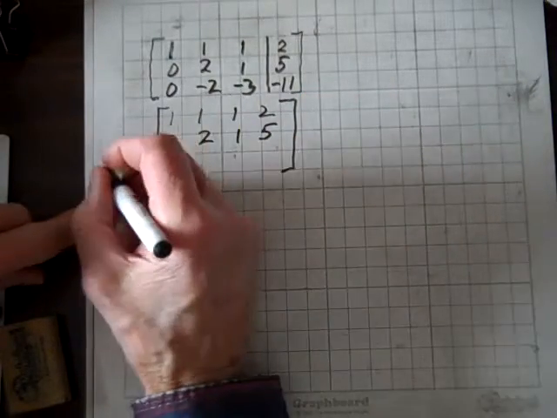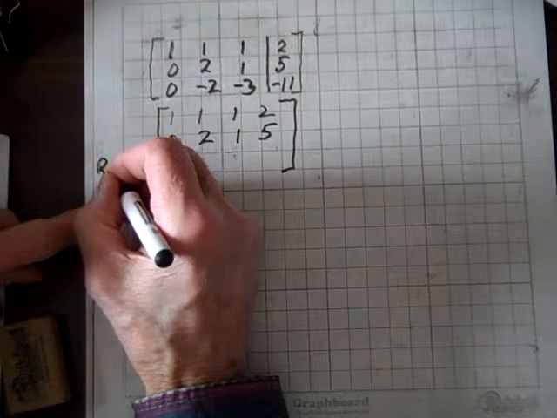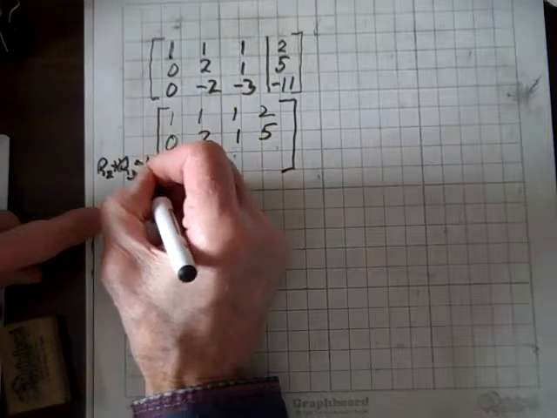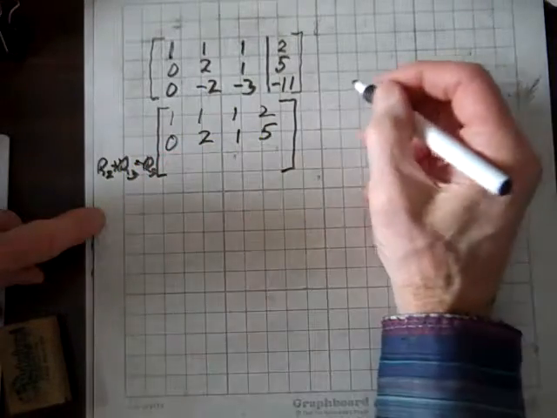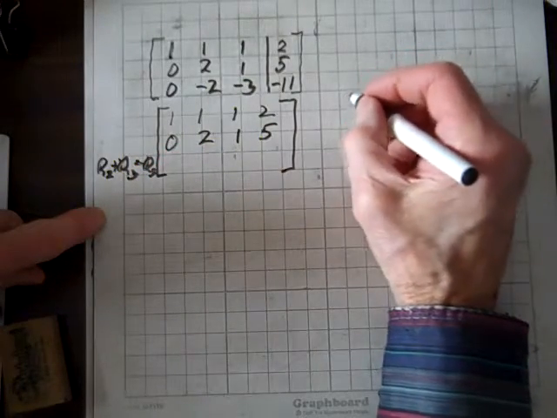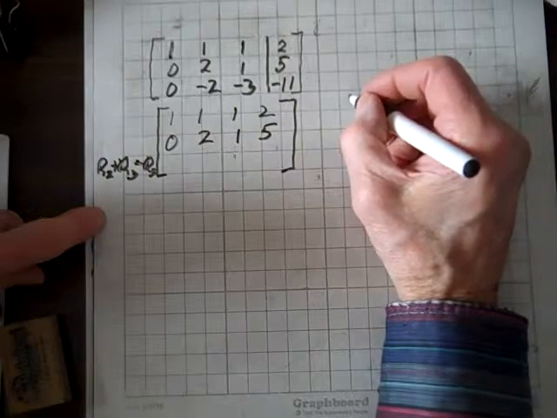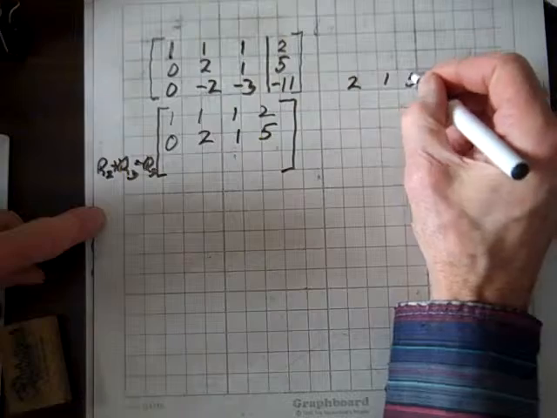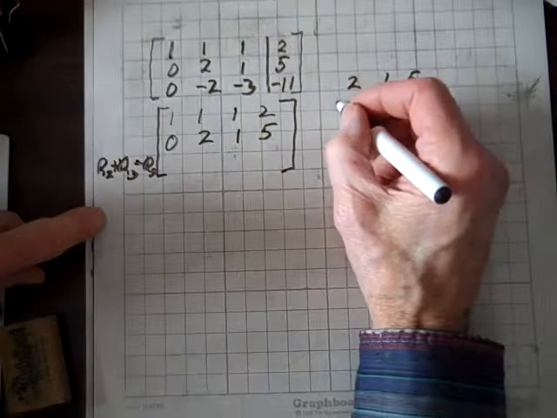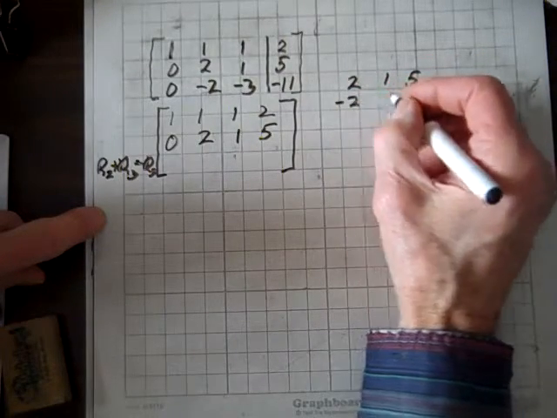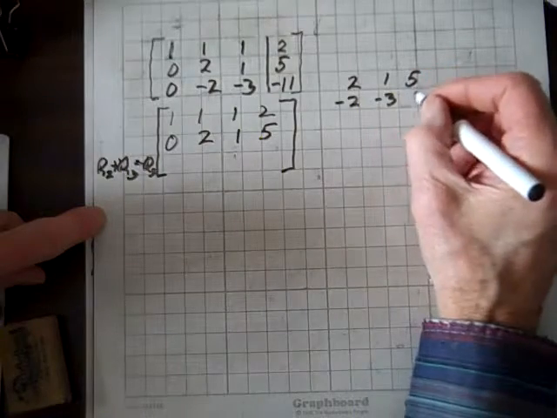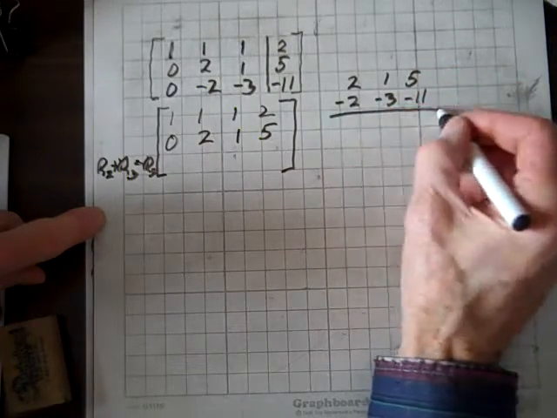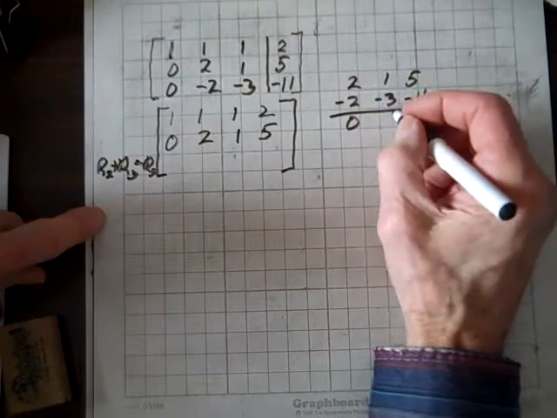And so we're just going to take row 2 plus row 3 and replace row 3 with that sum. So let's take row 2, which is 2, 1, 5, and to it add row 3, which is negative 2, negative 3, negative 11, and add them up, and there's our 0.